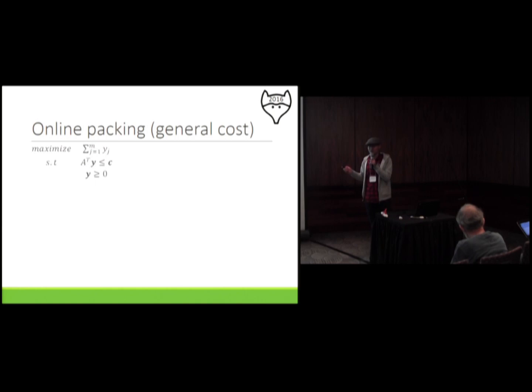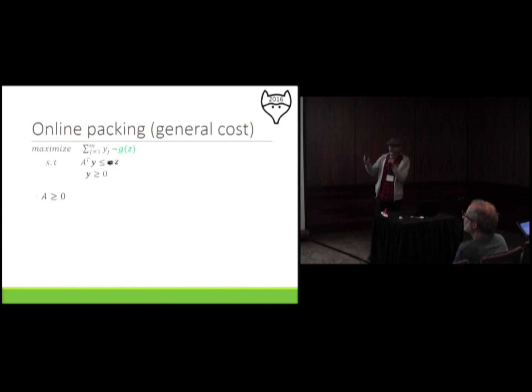Okay. So we can also write this problem in a mathematical way. Here, yj means how much of product j we want to produce. And c means the resources we have. But sometimes we can also buy some extra resources with some cost.